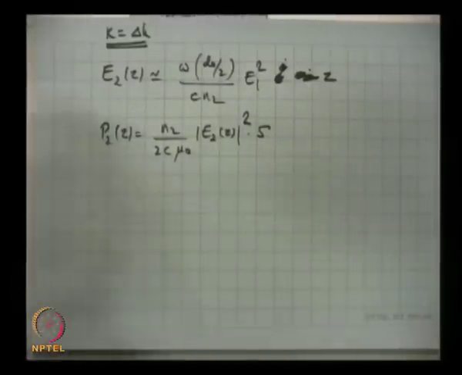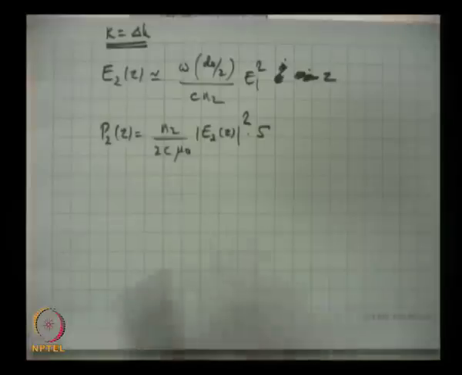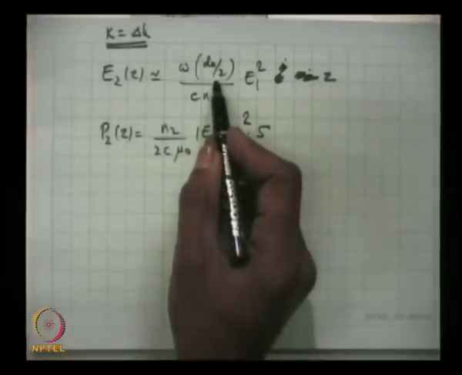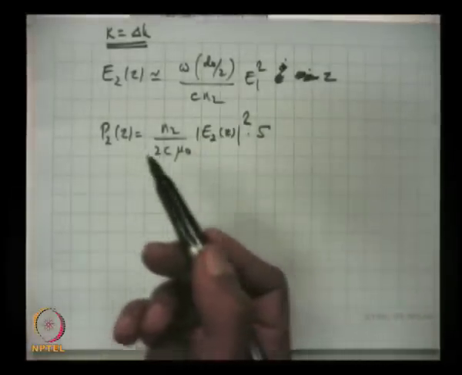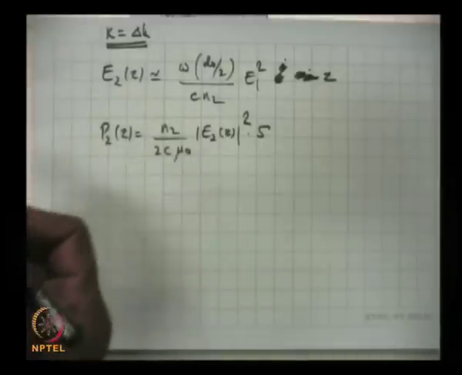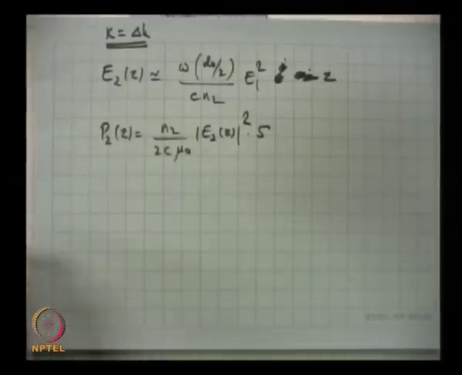You will get exactly the same as before, except that d will be replaced by d0 by 2, that is all in the phase match situation. So, what I have done is, by having a periodic variation of the nonlinear coefficient, I have been able to overcome the phase mismatch term which is contained in exponential minus i delta k z.